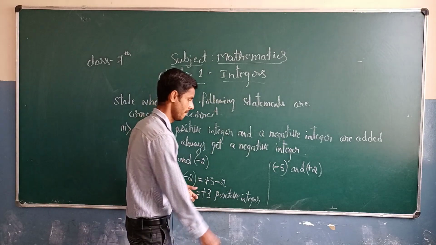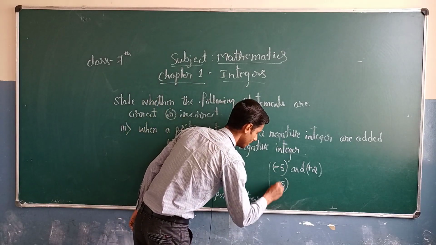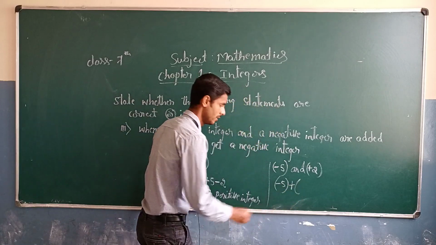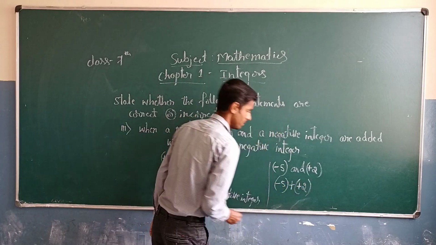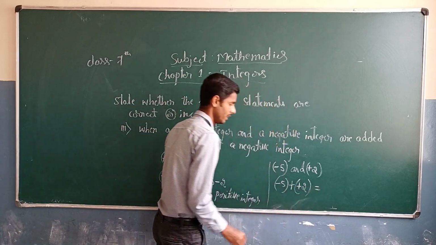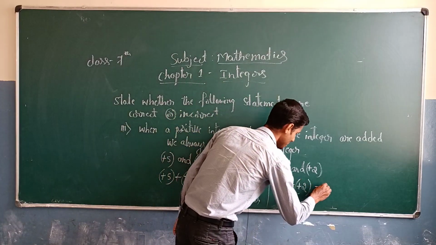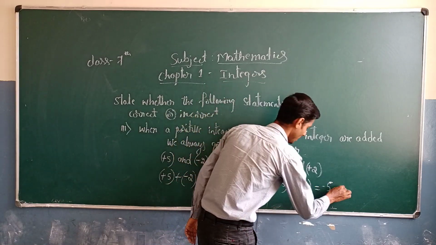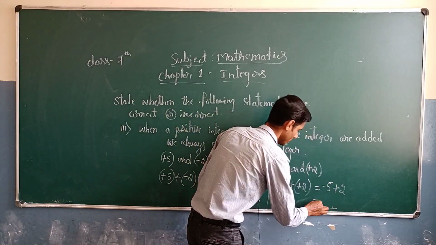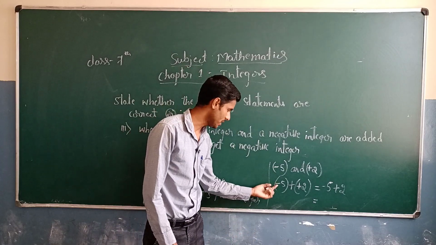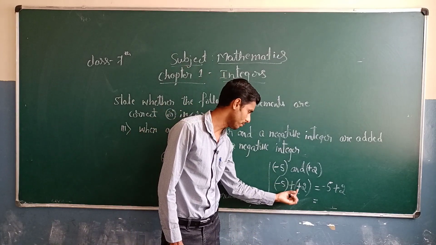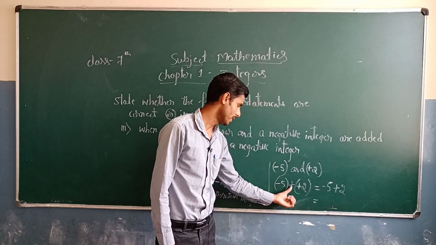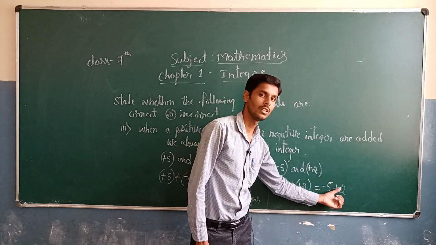Minus 5 plus of plus 2 is equal to minus 5 plus into plus is plus 2.